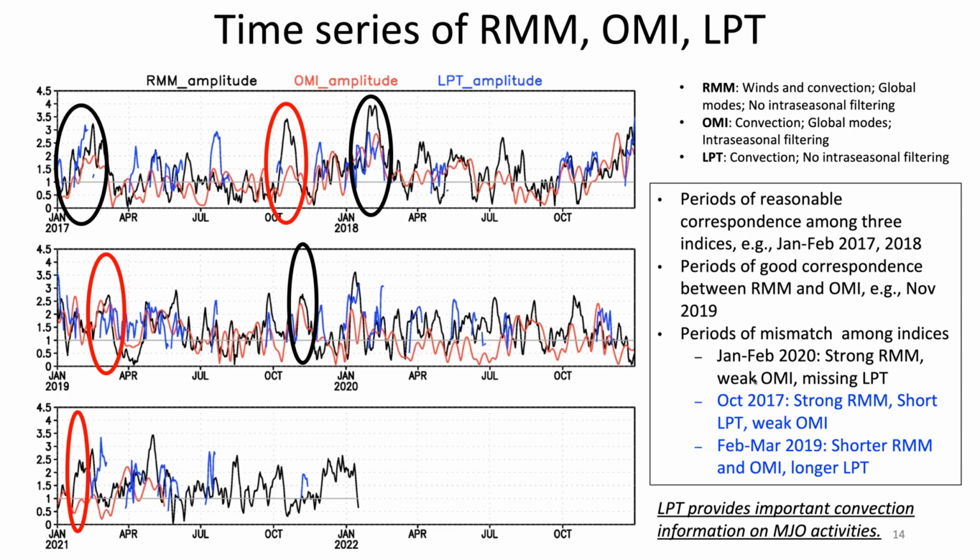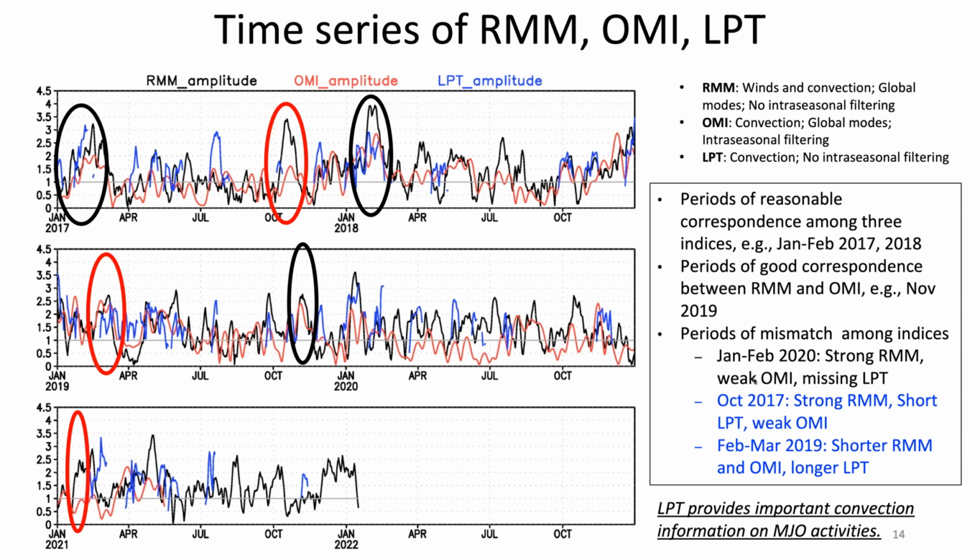And the other two periods of this mismatch: one is 2017 October, where we see a strong RMM and weak OMI, and a very brief period of LPT when the RMM index started to develop.